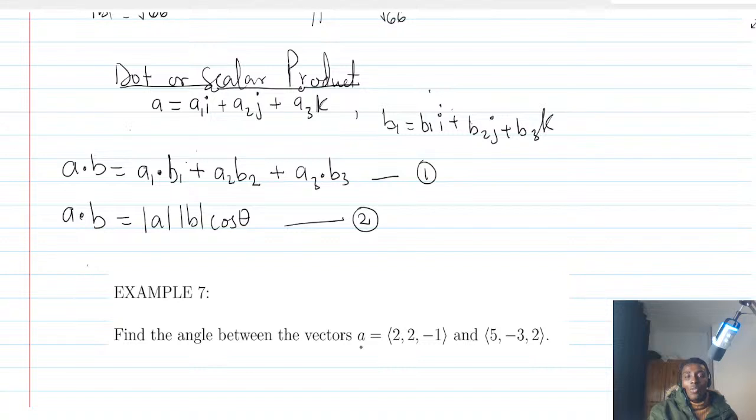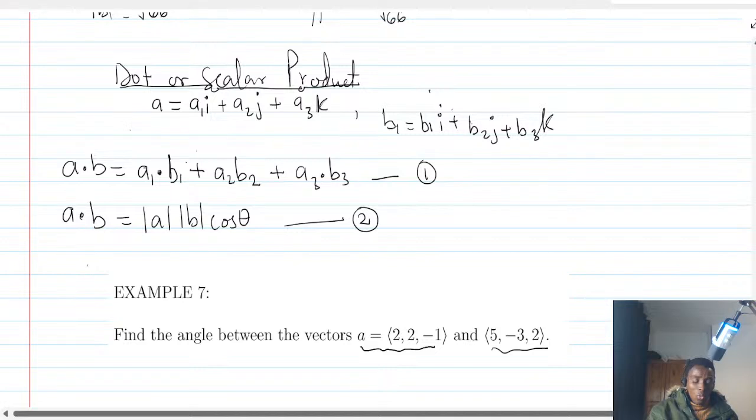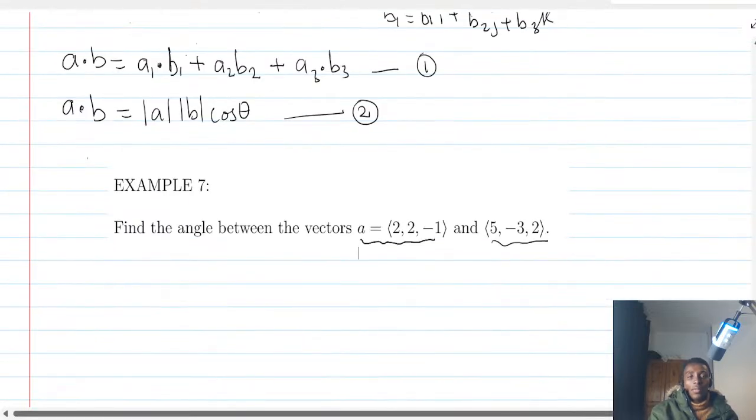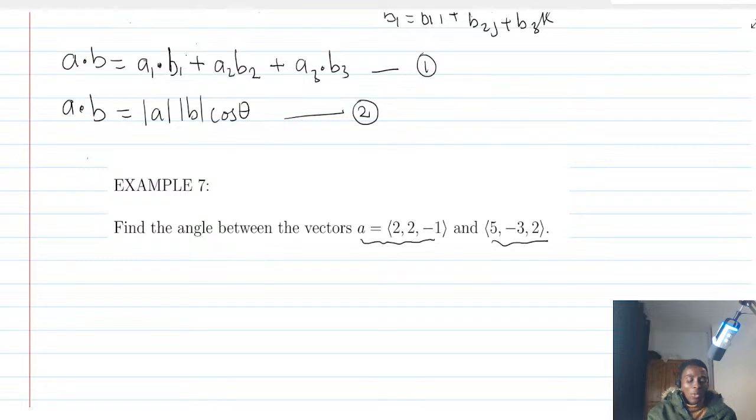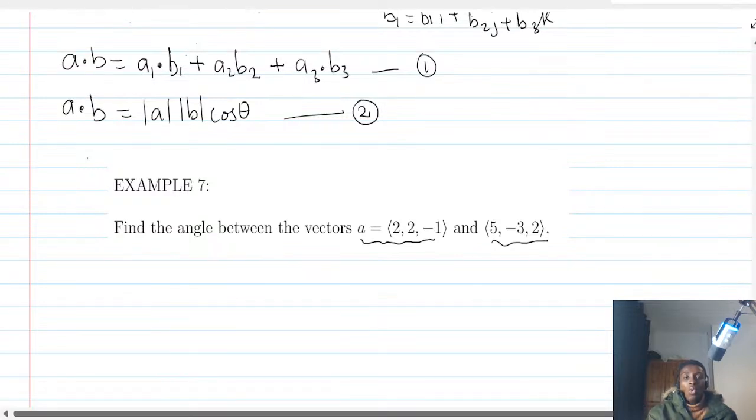Okay, you've been asked to find the angle between these two vectors. You are going to use the dot product, but in the question they will not tell you use the cross product or dot product. They will just ask you what is the angle between these two vectors. Okay, so given two vectors like this and you've been asked to find the angle, it's simple.